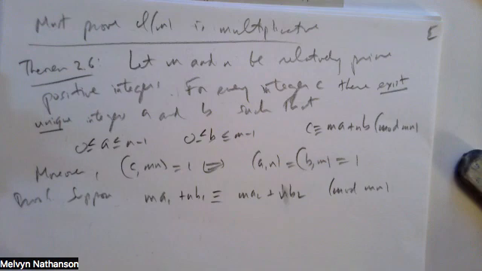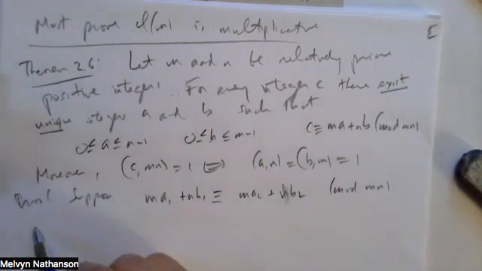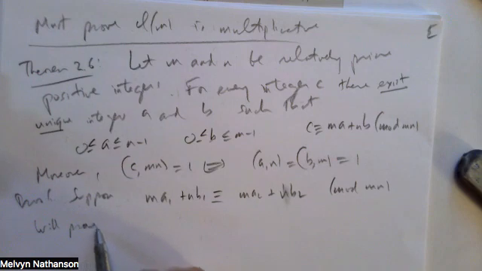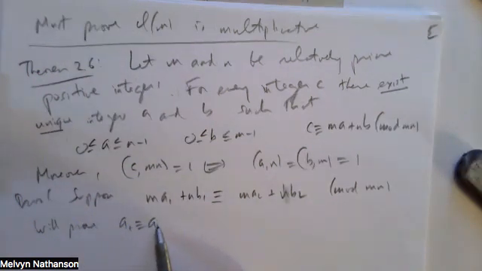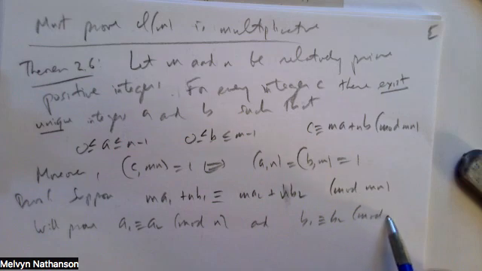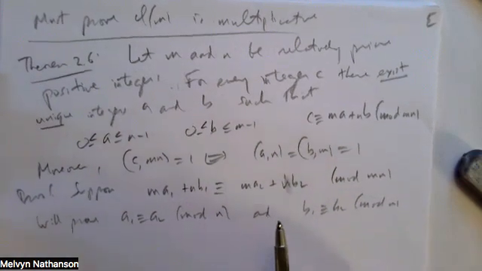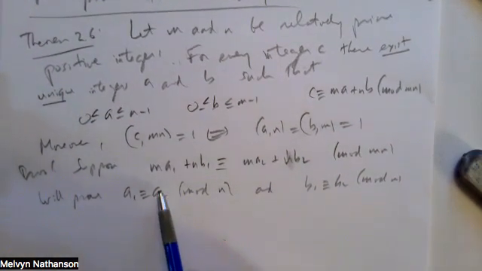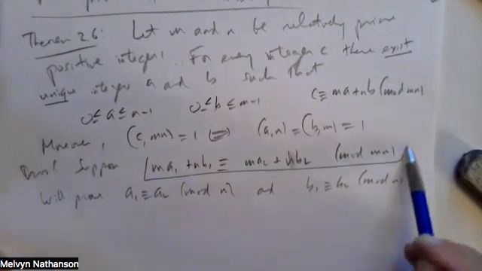We'll prove that a1 is congruent to a2 mod n, and b1 is congruent to b2 mod m. So how do we prove this? We have this relationship.